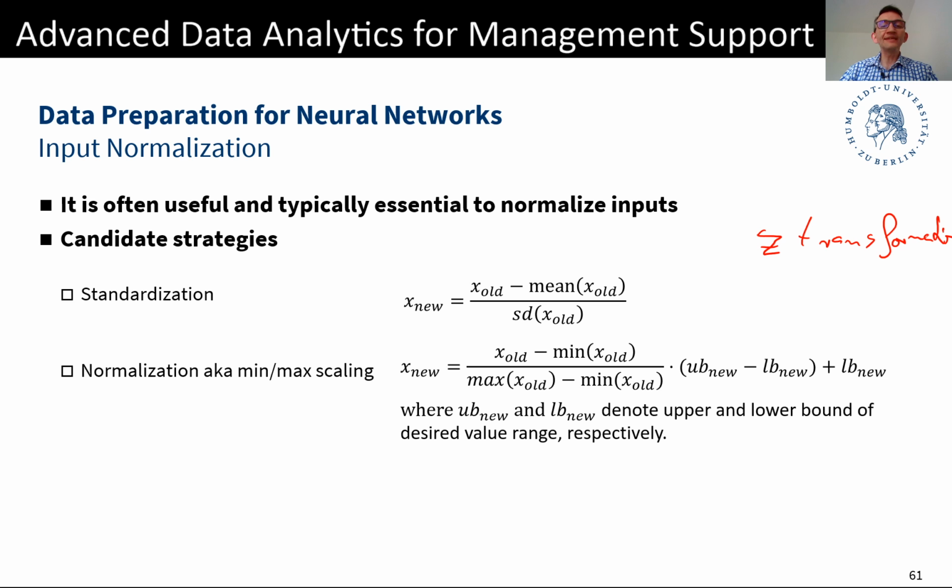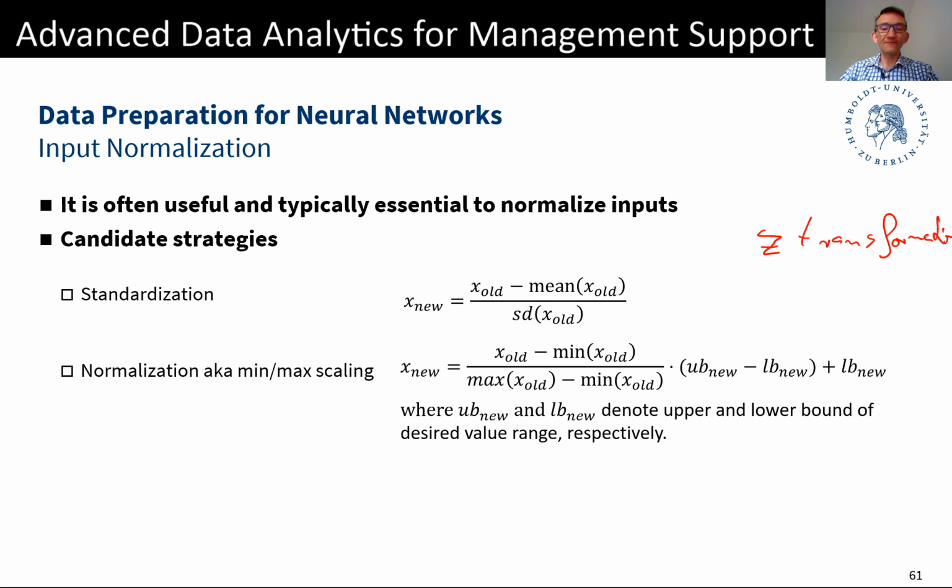So it has zero mean and unit standard deviation. Because of that, pretty much all the features in your data after this transformation should reside in a somewhat similar interval. And you also have min-max scaling, where you have full control over the value range of a feature and in which value range you want that feature to be.